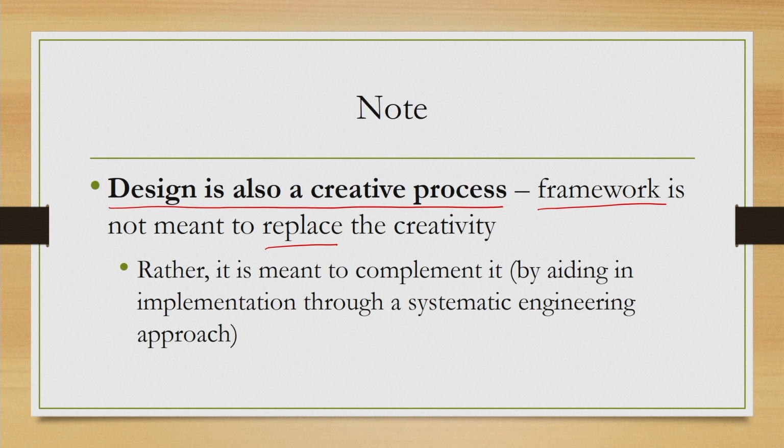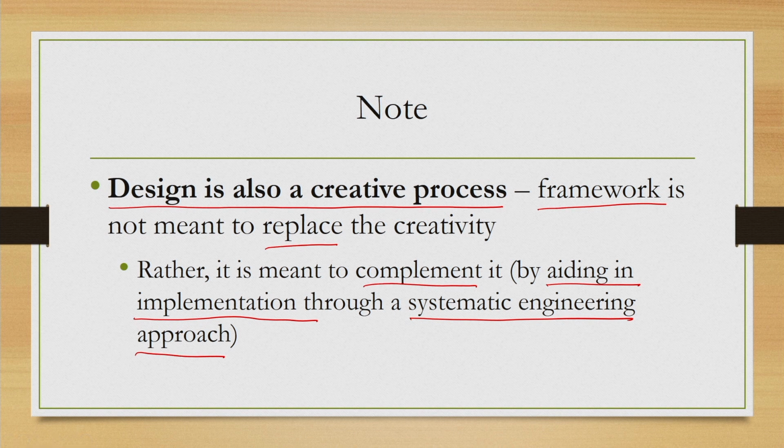However, what the framework does is it complements the creative process. In what way? So, you come up with a design and you want to implement it, the framework helps you understand how to implement it, or in other words, it helps you by aiding in the implementation through a systematic engineering approach.